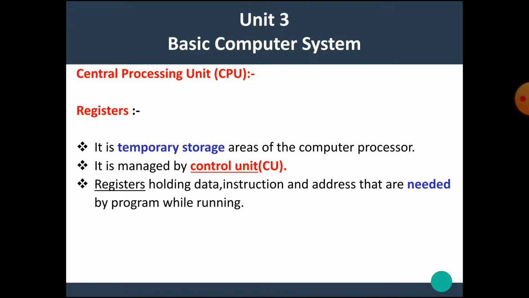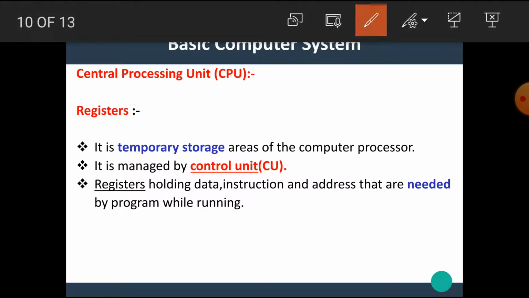There is another type of memory unit. We can call them registers. Let's see what is register. It is a temporary storage area of the computer processor. That means the registers are the temporary storage areas. It is managed by the control unit.